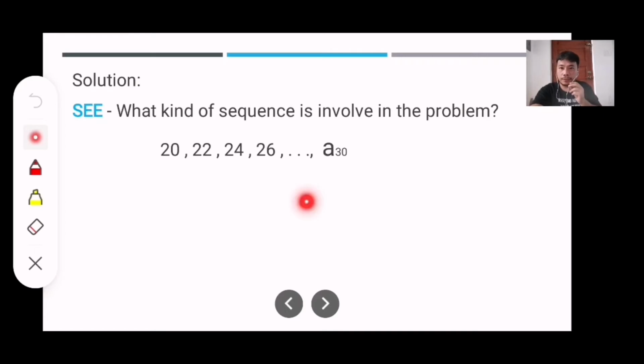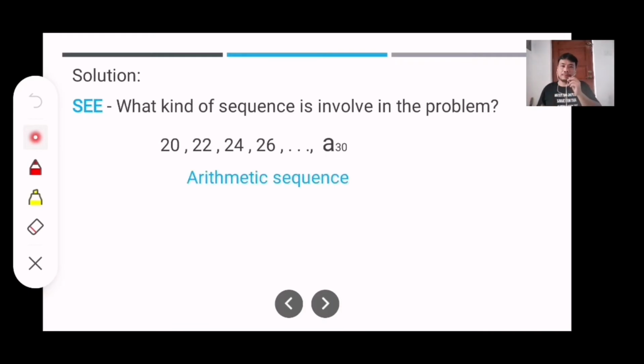You will see here, in the given arithmetic sequence, we have no last term. We don't know how many seats there are in the 30th row. So in this case, we identify first what kind of sequence is involved. We can say that it is an arithmetic sequence.